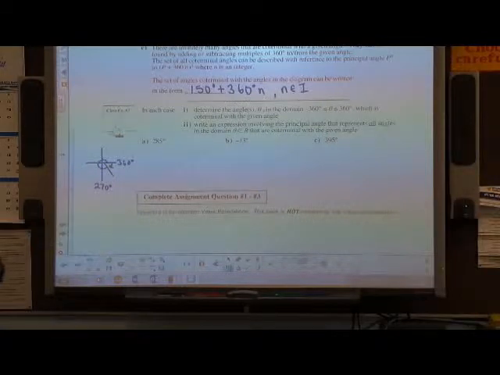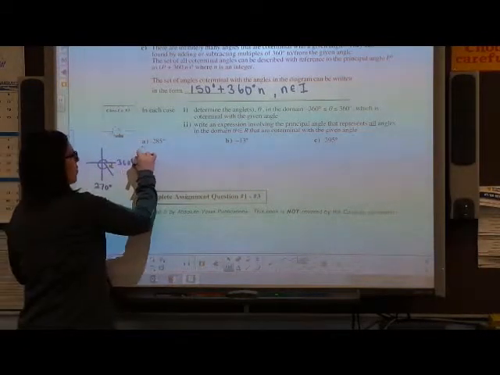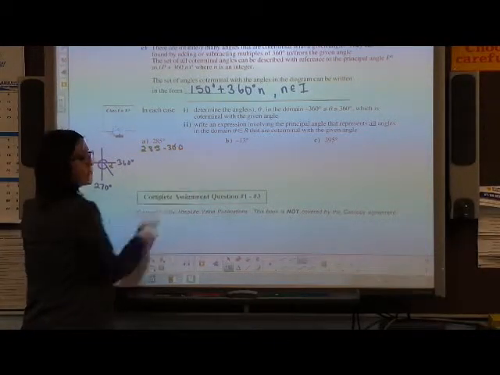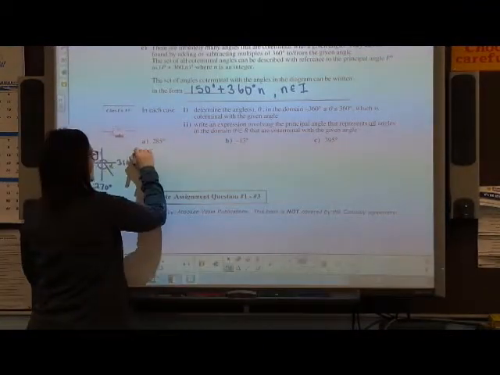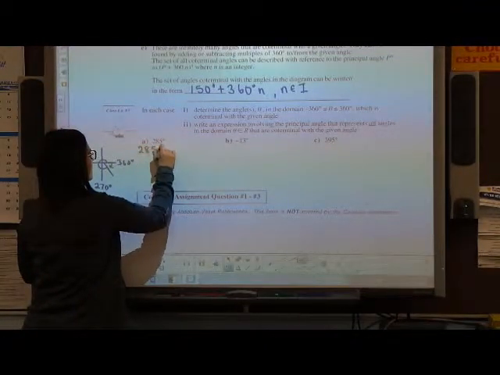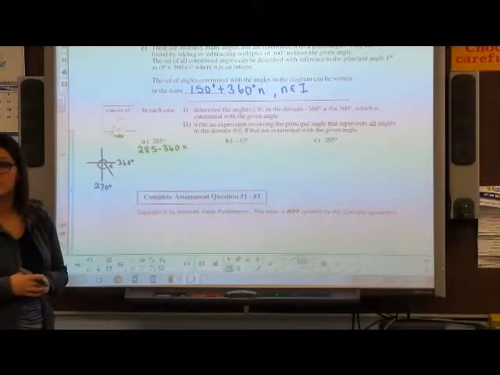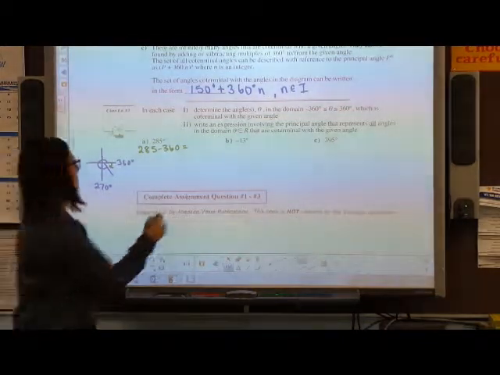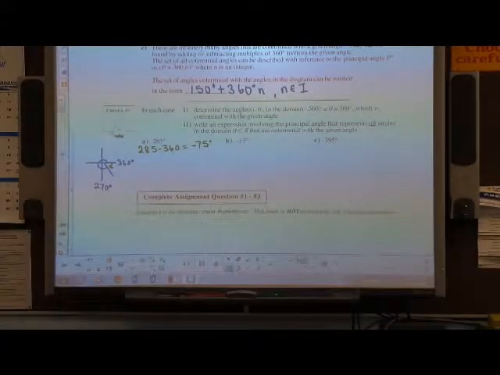You could go 360 minus 285, and then it'd just be negative. Okay. Or if I went 285 minus 360, would it already take care of the negative for me? Okay, so what's 285 minus 360? What'd you get, Jessica? Negative 75 degrees. So that's the negative angle.